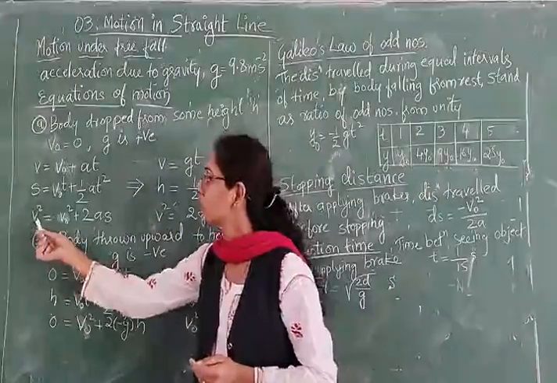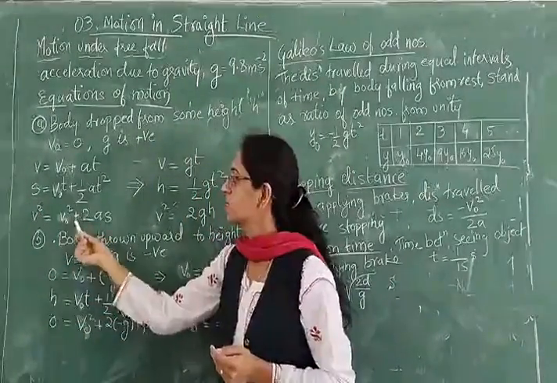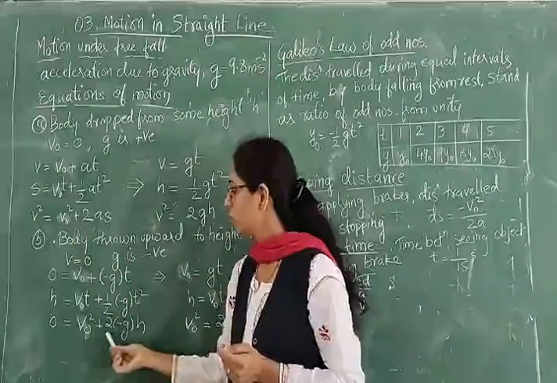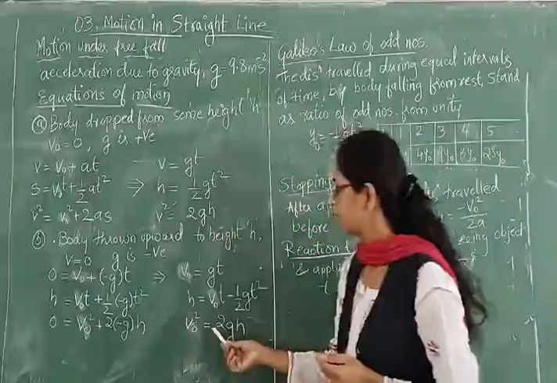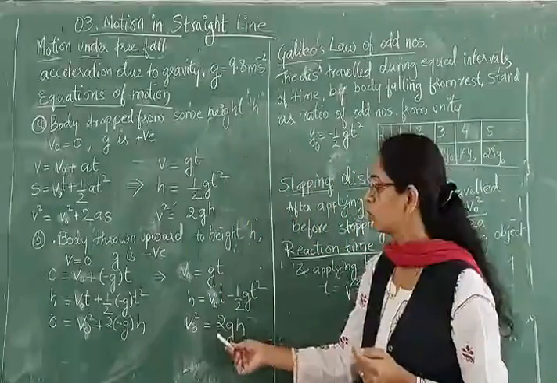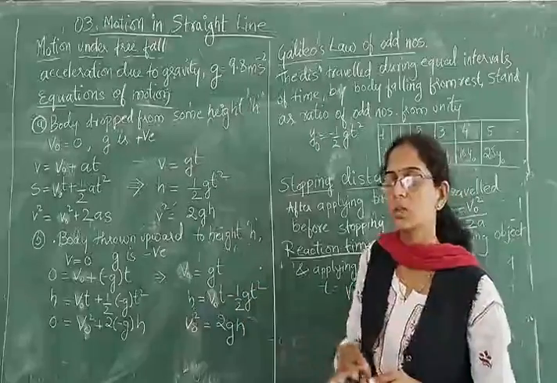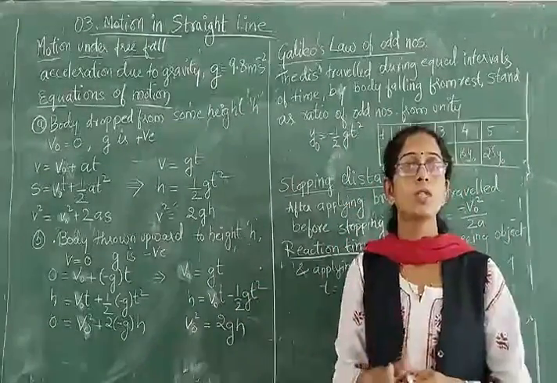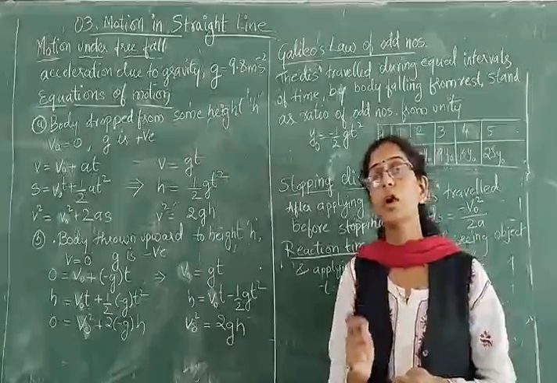Then the third equation will be, this is 0, so the first factor is 0. V naught square as it is plus 2, again this is minus g into h, 2 into minus g into h. This negative term again I have shifted to that side, therefore the equation will become v naught square is equal to 2gh. So these three equations will give you the equations of motion when the object is under free fall, or it is under the effect of what?